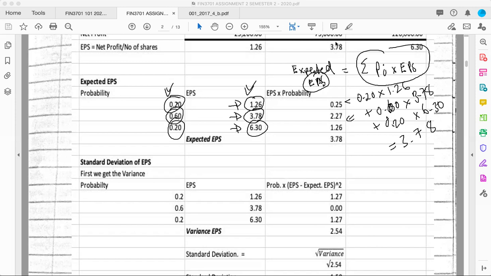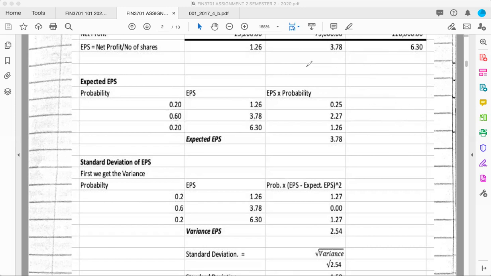Okay, so rather than doing it in this way of writing numbers, I just said 0.2 times 1.26, and then I got 0.25. I said 0.6 times 3.78, then I got 2.27. I said 0.2 times 6.3, then I got 1.26. You add these numbers up, you get 3.78. So that's the expected EPS.